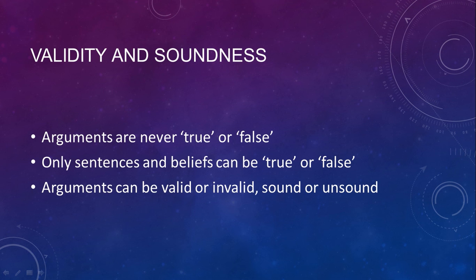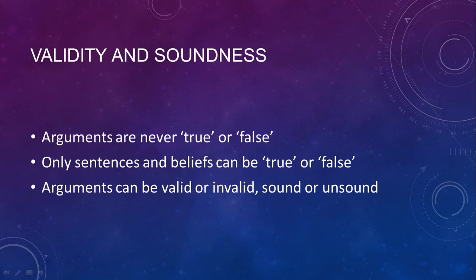Right, okay, so validity and soundness. This is another point at which I'm going to ask you to use extremely common, ordinary words in a slightly new way. Arguments, I will claim, are never true or false. It's not what arguments do. Exactly two things in the universe can be true or false: statements or beliefs. Those are the only things that can be true or false according to the philosopher's definition of truth and falsity.